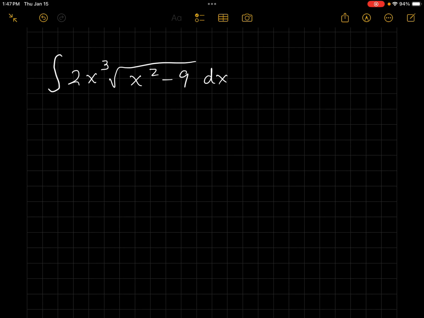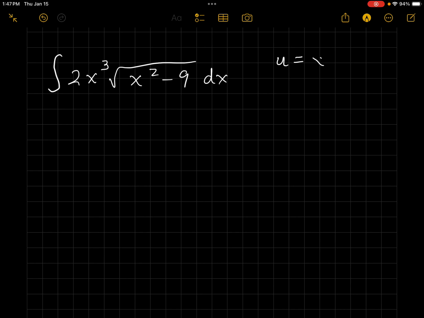I mean, it's in the top, but you might think this is a secant theta substitution. And it could work. But we really want to do the simplest way to do each integral. So you can, on your own, try to see if secant theta might work.